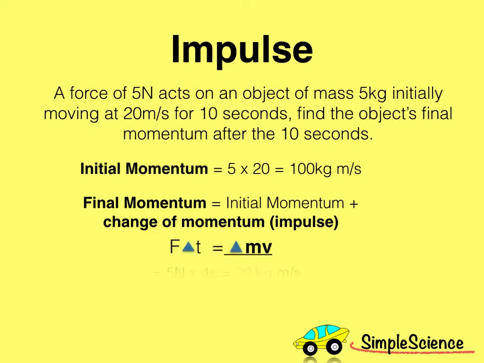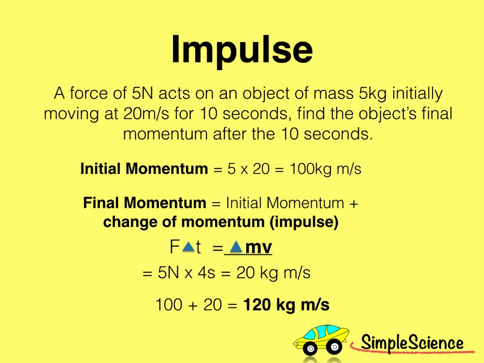So that is 5 newtons times 4 seconds, which gives you 20 kilogram meters per second. That is the change of momentum, and therefore the final momentum is equal to the initial add change. So it's 100 add 20, which gives you 120 kilogram meters per second.